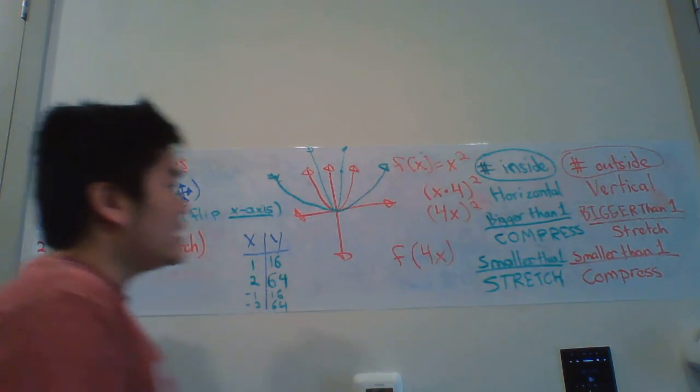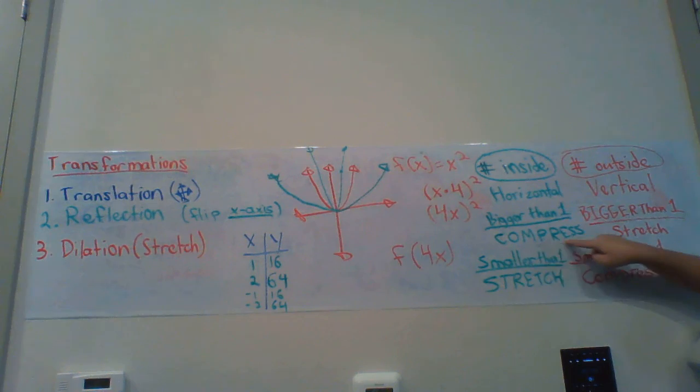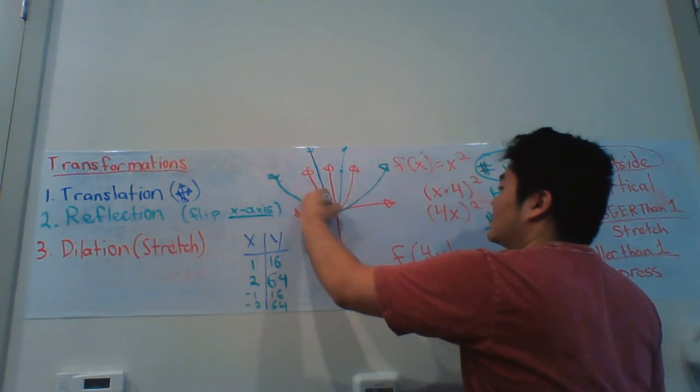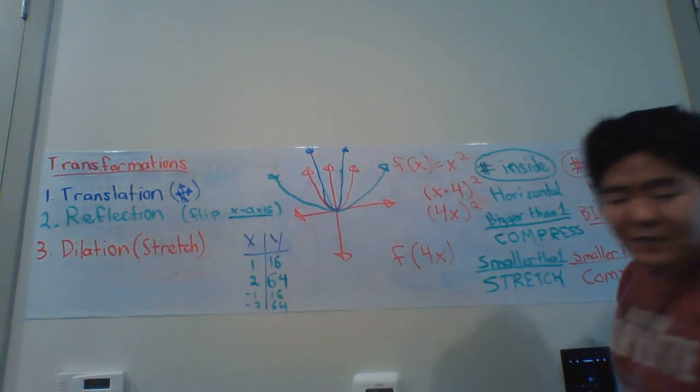So that's how I knew, because 4 is bigger than 1, right? So that's why it has to compress here. So that was my thought process on why I was able to recheck my answer and figure out that it is in fact the opposite.